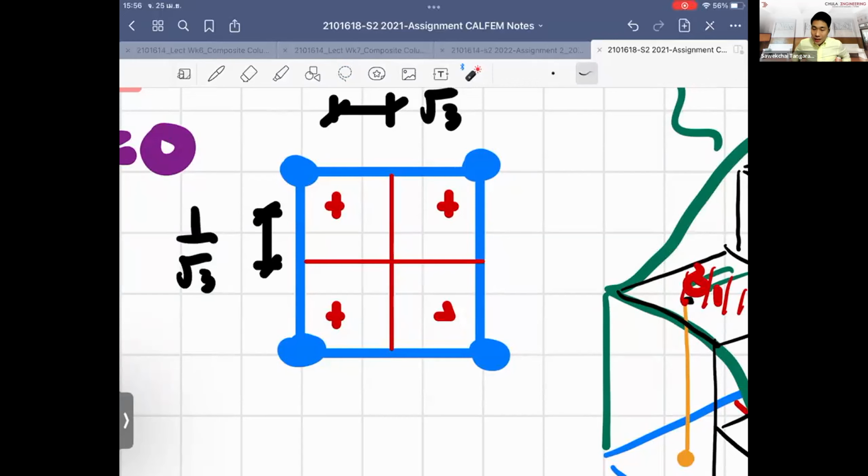So basically, there is a relationship with the order of the shape function. If you use a bilinear shape function, you are allowed to use only 2 by 2 Gauss points. If you use a quadratic shape function, you can use perhaps up to more Gauss points.